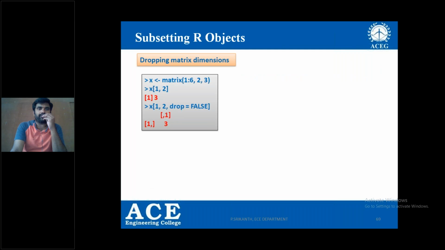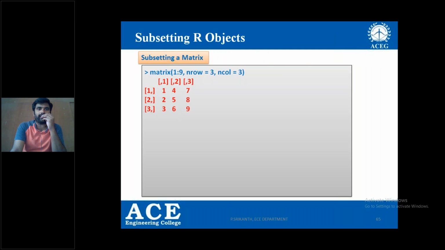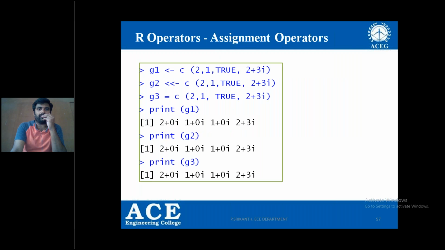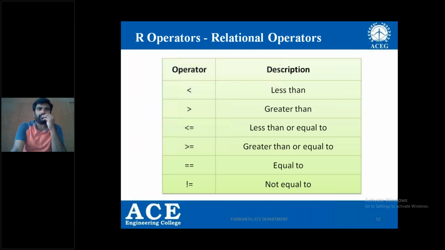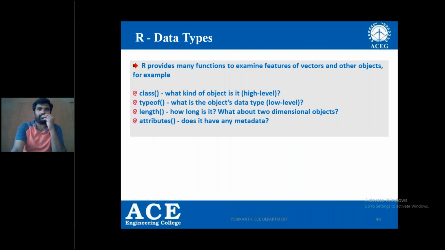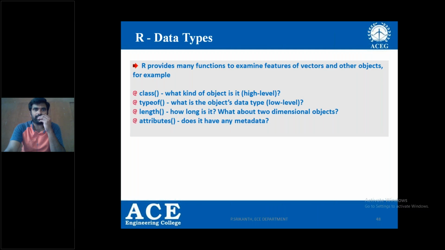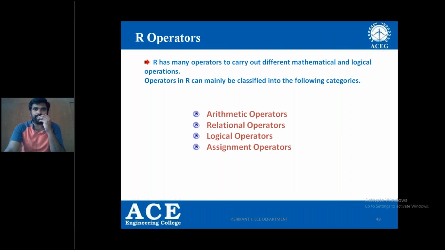So we have discussed all the operators. Here we have seen arithmetic operations, logical operations, relational operations and assignment operations. So these are the things we discussed in the last class.